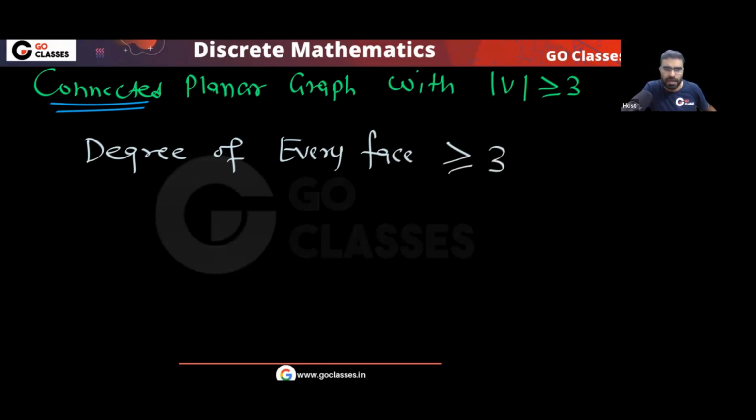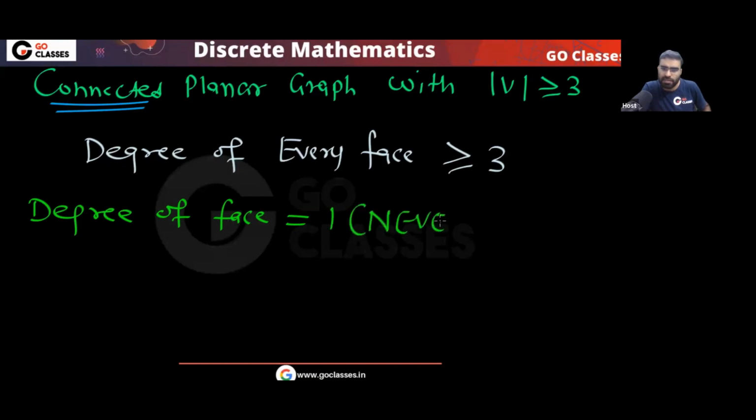If you remember, I told you the degree of a face can never be 1. This point you already know. The degree of face equal to 1 will never happen.